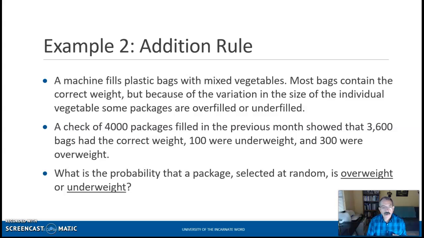Here they want to know the probability that a package selected at random is either overweight or underweight. In this case, you can see that a package that is overweight cannot be underweight simultaneously. Therefore, the events overweight and underweight are mutually exclusive.